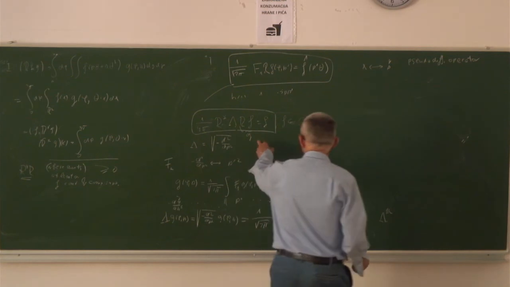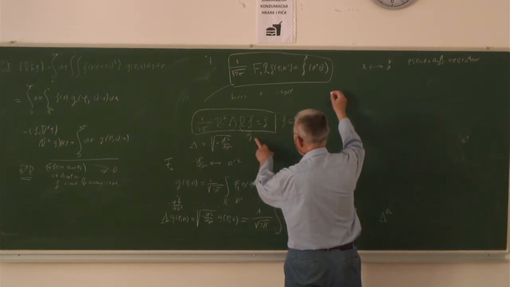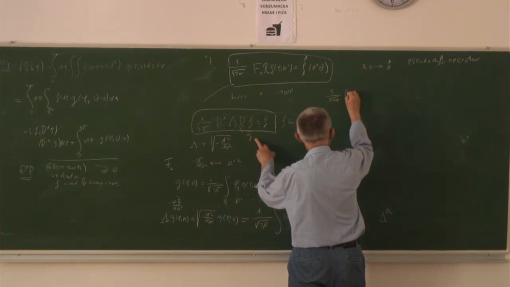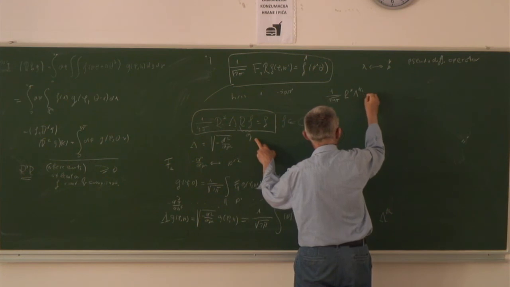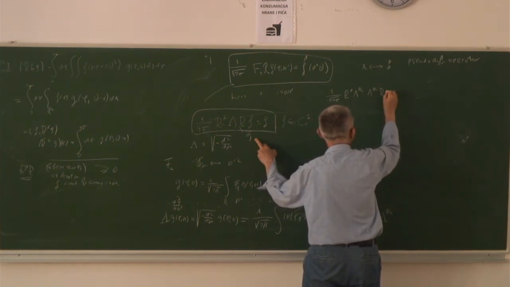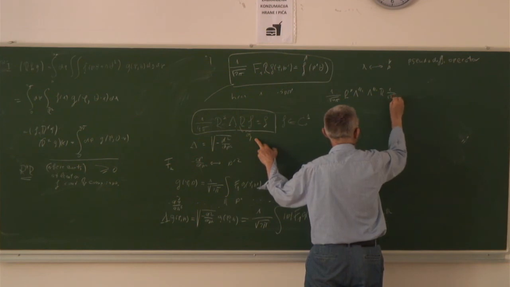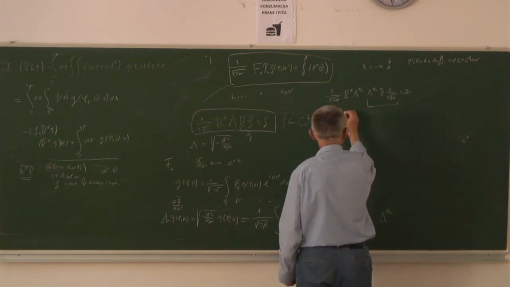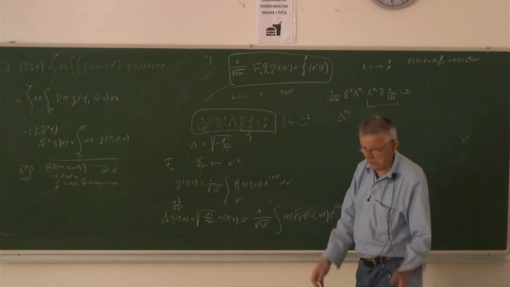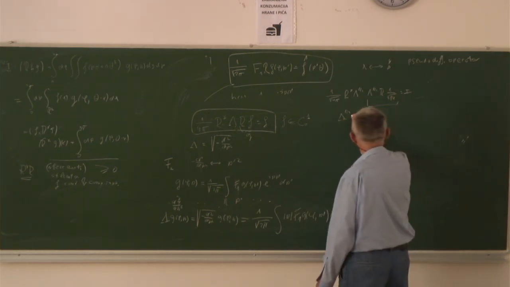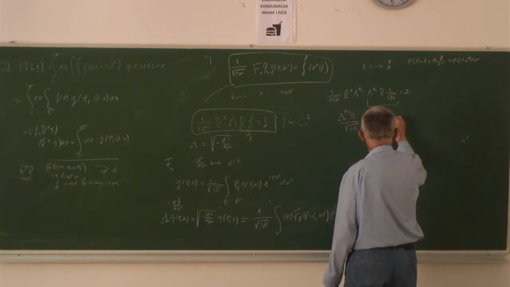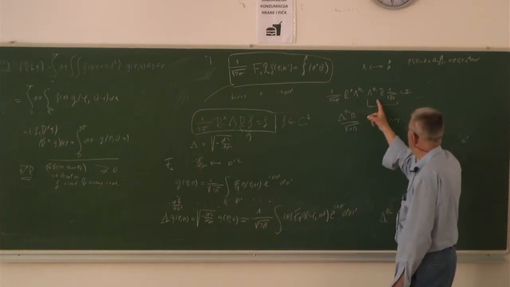Then I can write this as something like that: 1 over 4 pi, R star lambda 1 half R times square root of 4 pi is equal to 1. That means that, if there is justice in this world, this R over square root of 4 pi is unitary. Star times this gives 1.